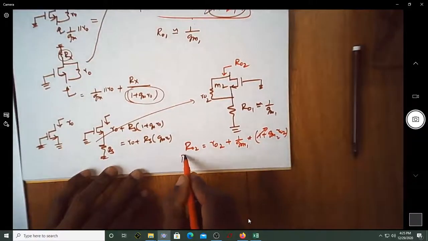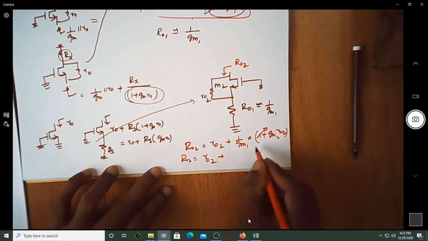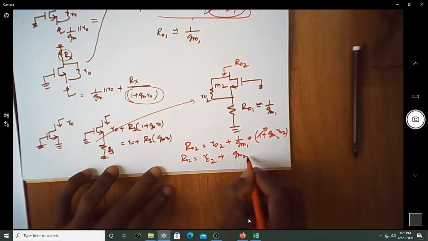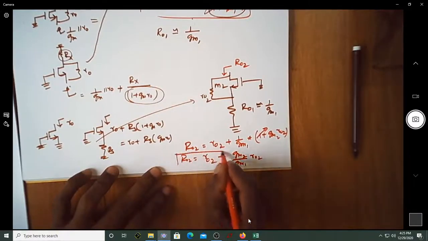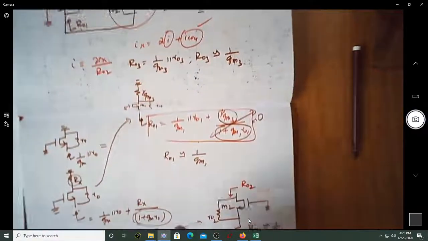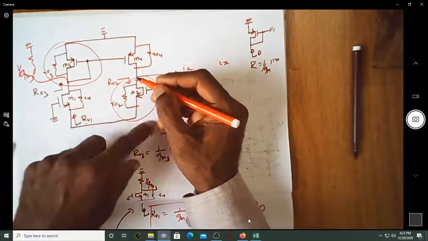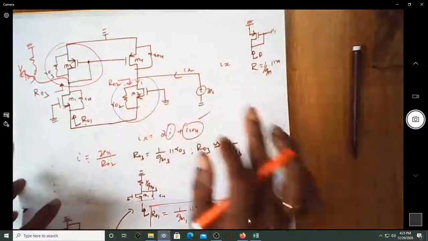Can I now write capital R naught 2 is nothing but small r naught 2 plus gm2 by gm1 into r naught. This is the expression for your R naught 2, which is the output resistance seen from this point with all the circuitry connected to this.